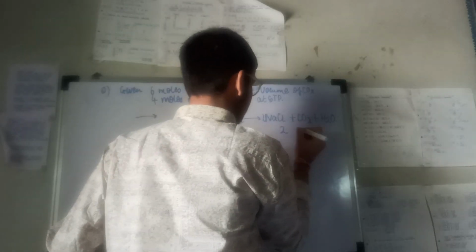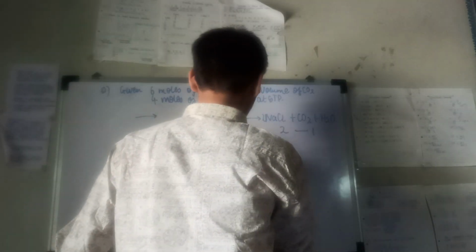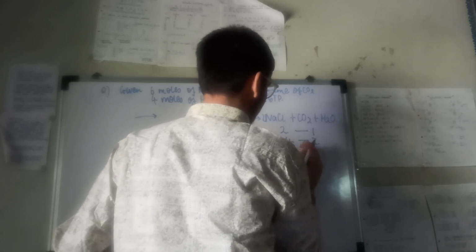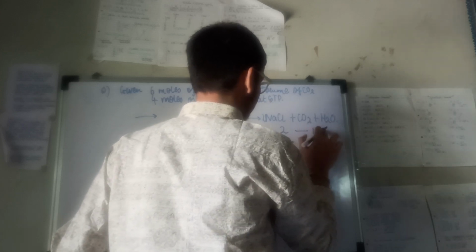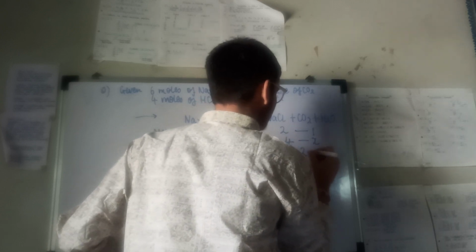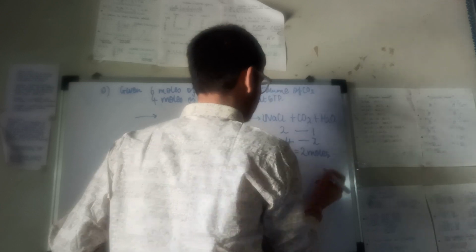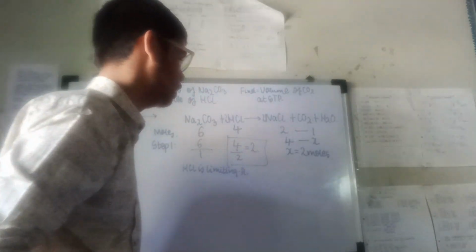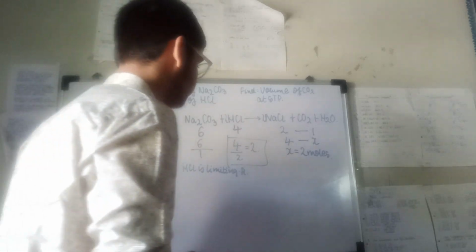Simple unitary method. 2 HCl gives 1, then 4 will give how much? 4 ones are 4, 4 divided by 2 is 2, so x is 2 moles. Or the short trick: 2 into stoichiometric coefficient 1 is 2.